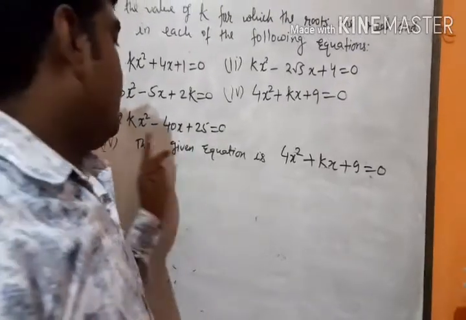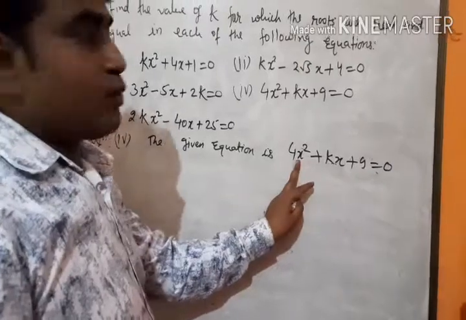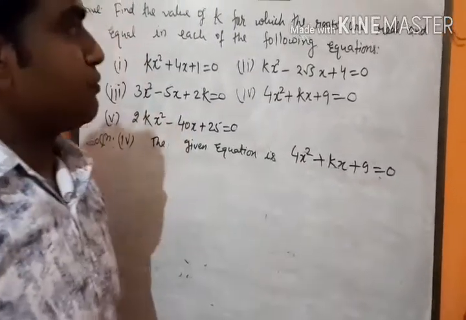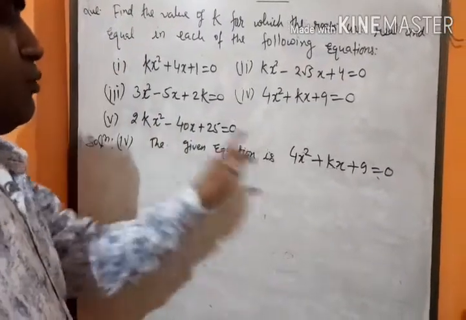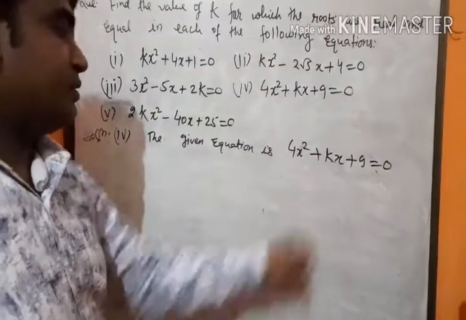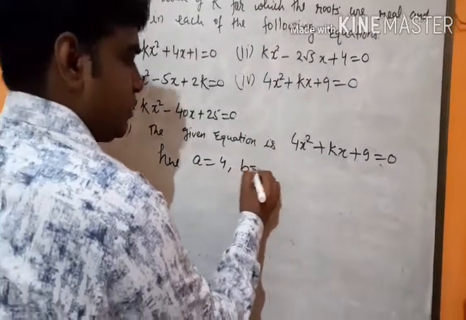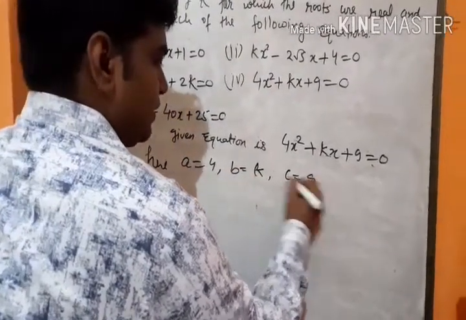For question number 4, find the value of k for which the given quadratic equation 4x square plus kx plus 9 equal to 0 has real and equal roots. So our equation is this. Here a is equal to 4, b equal to k and c is equal to 9.